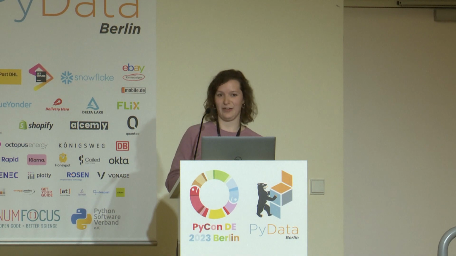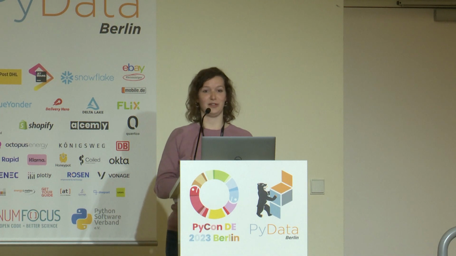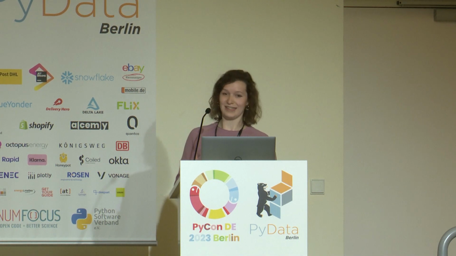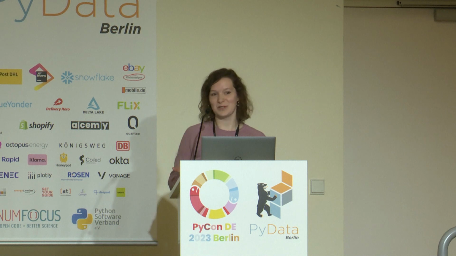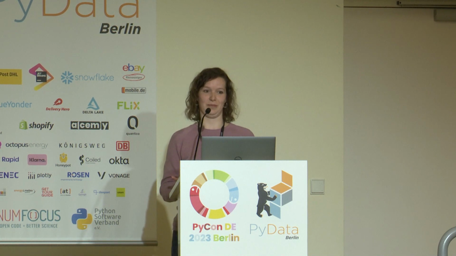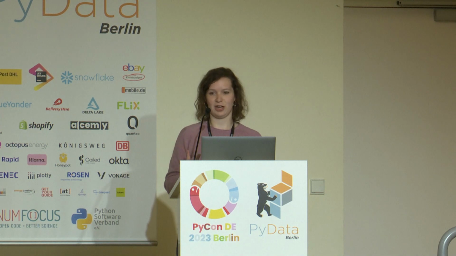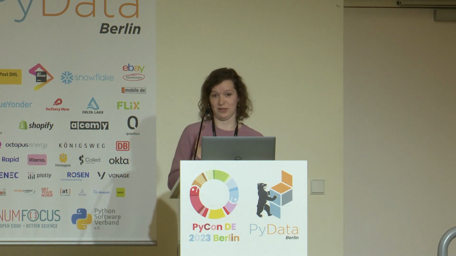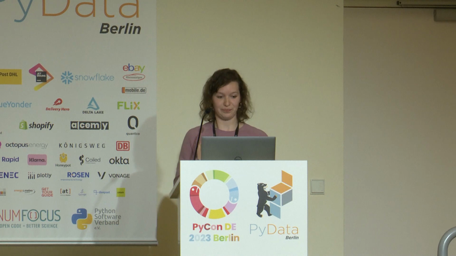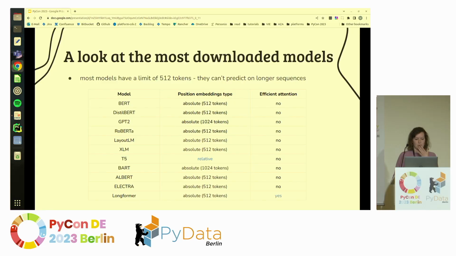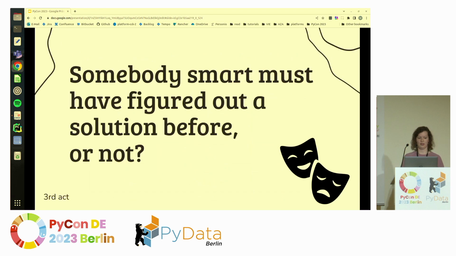It's not enough that techniques like relative position embeddings are invented, but the people who open source the pre-trained models also have to adopt them. It doesn't help that I now have the theoretical knowledge how to do this better. I don't have the resources to create my own pre-trained model. So the takeaway here is that most models are limited to 512 tokens.